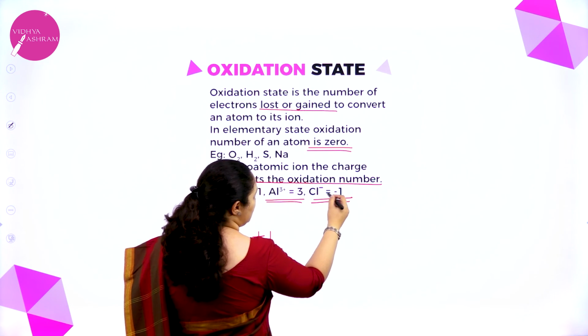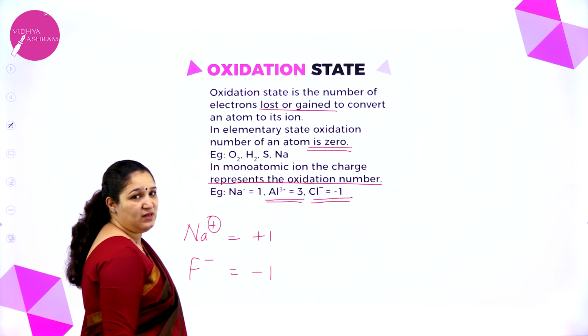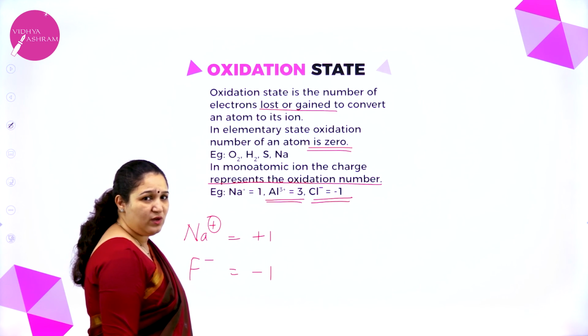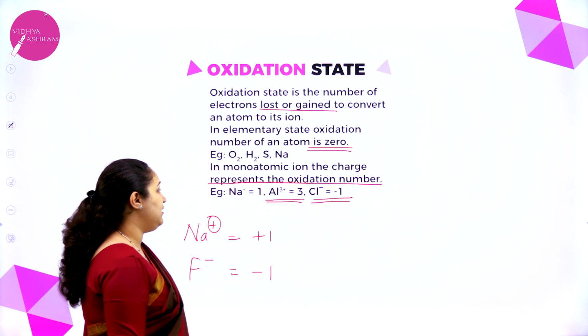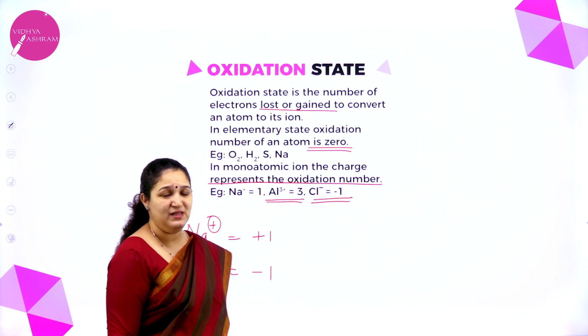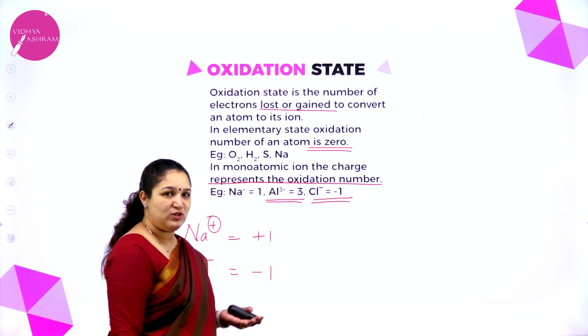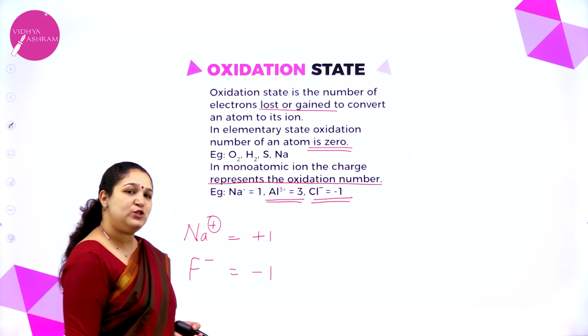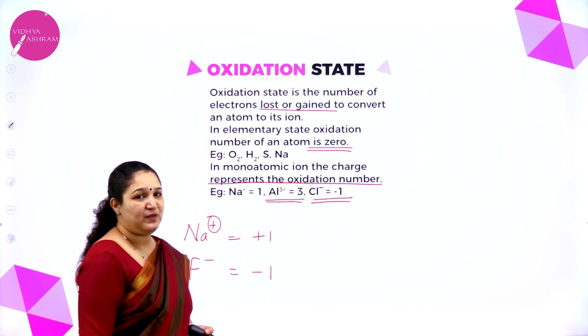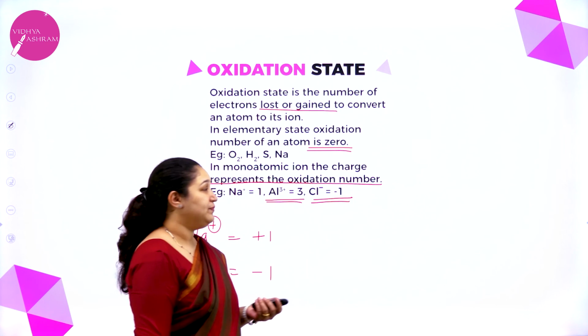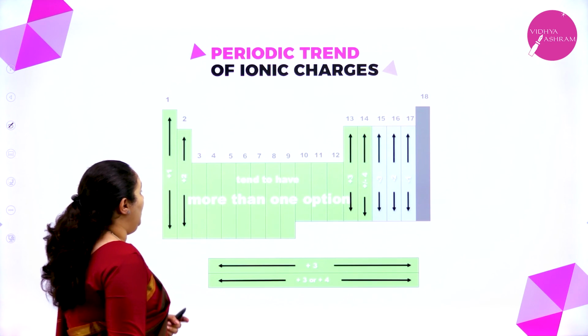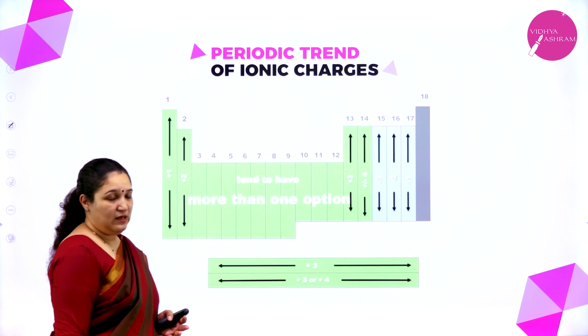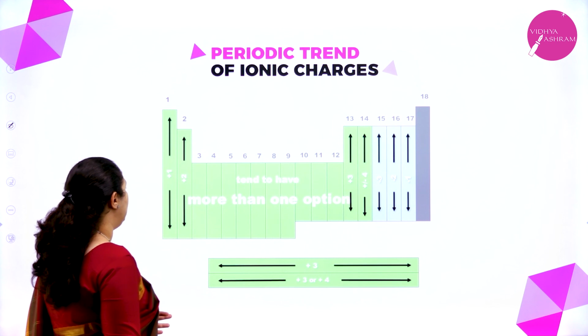Chlorine has a -1 charge, so the oxidation number is -1. Similarly, I can tell the oxidation number of the other elements. There is a different method of calculating oxidation number also, which you will be learning in your chapter on redox reactions.